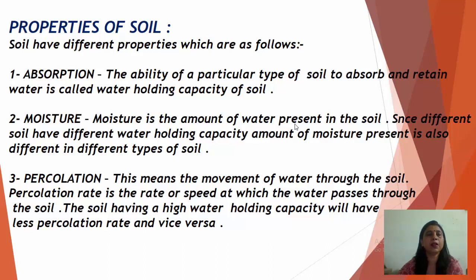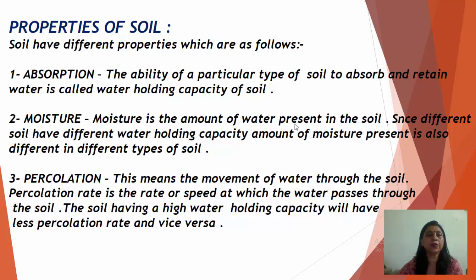You will see that in sandy soil all the water will go out. It will not be able to retain or absorb water. Whereas in clay soil, very less water gets inside the soil, whereas loam absorbs a proper amount of water.